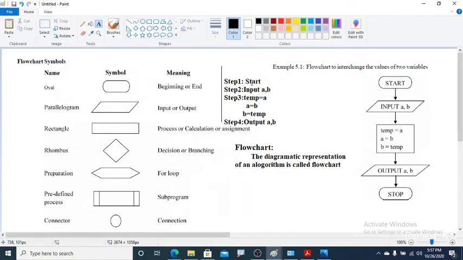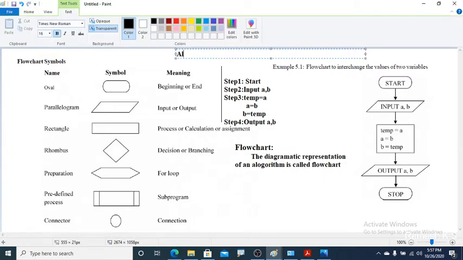So flowchart means, what is an algorithm? The step by step approach to solve a problem or subproblem is called an algorithm. So I will write the definition here. Algorithm means step by step approach to solve a problem or subproblem.